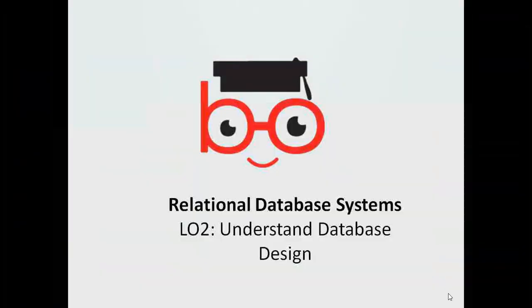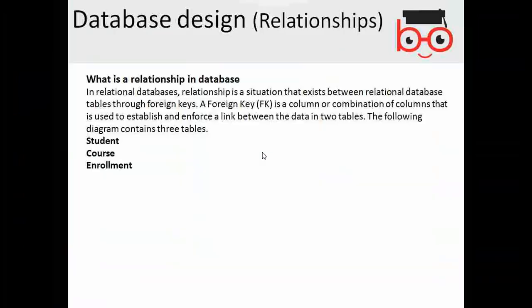Relational database systems, learning outcome 2. What is a relational database system? In a relational database system, a relationship exists between relational database tables through foreign keys and primary keys. A foreign key is a column or combination of columns that is used to establish and enforce a link between 2 tables.